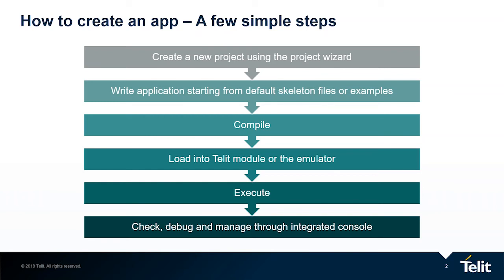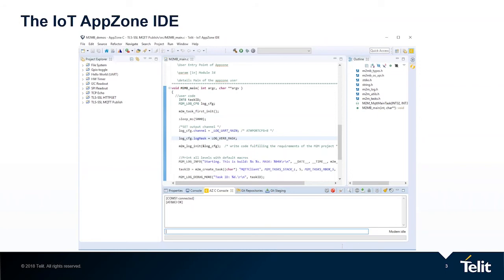Then you can execute and check the application flow and see if everything works, or debug it if there are problems on the application itself. So this is the main aspect, the main phase of the SDK.